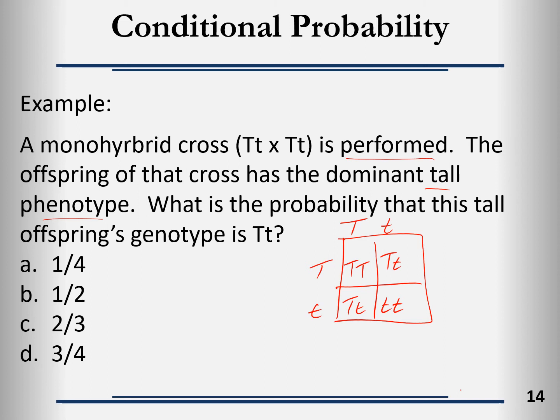But this plant could be homozygous dominant or heterozygous dominant. And so we don't know which one it is. We just know that it's tall. And so we ask the question, what is the probability that the tall offspring's genotype is heterozygous? So that's what we're asking. What is the probability that this individual is heterozygous? Now take a minute and think about it.